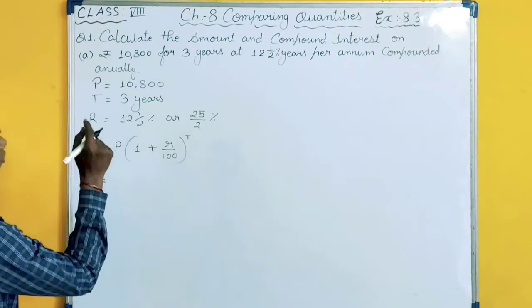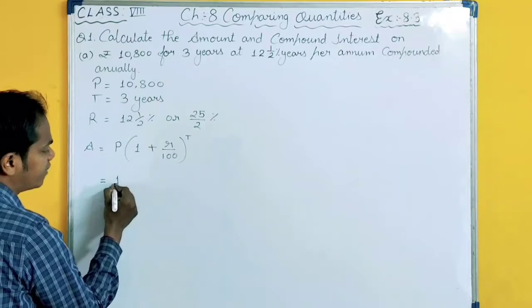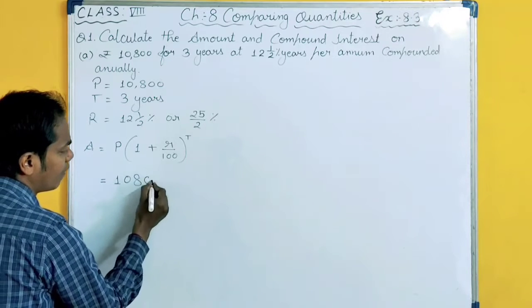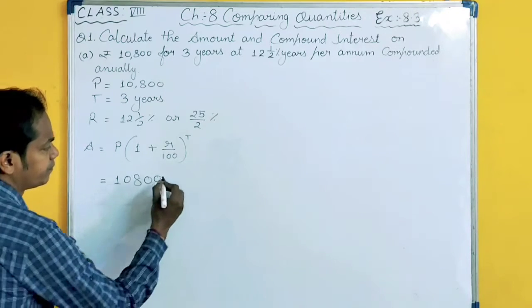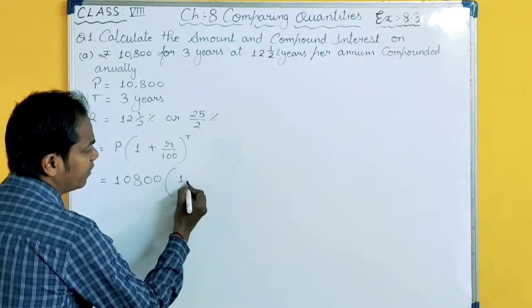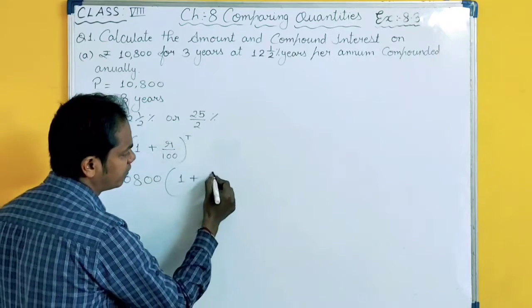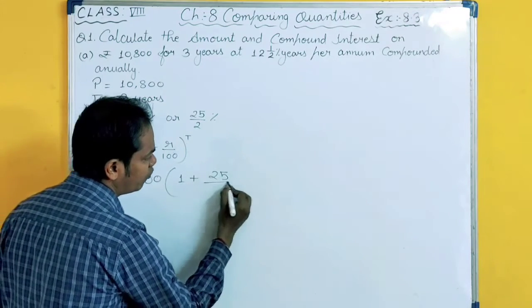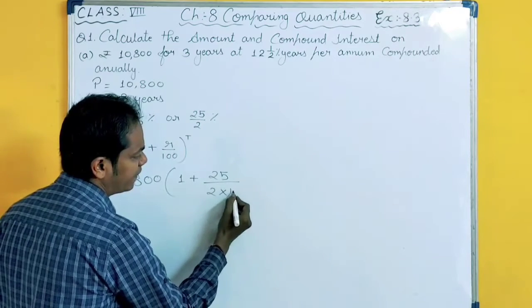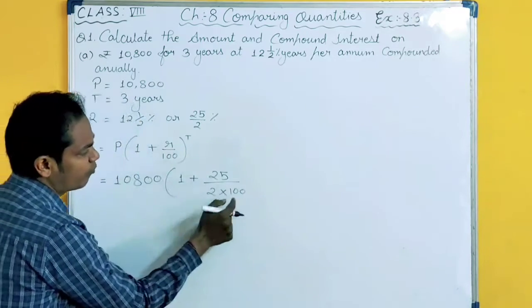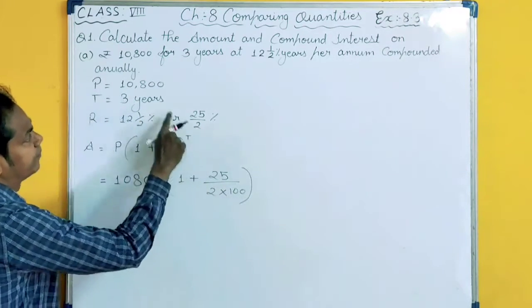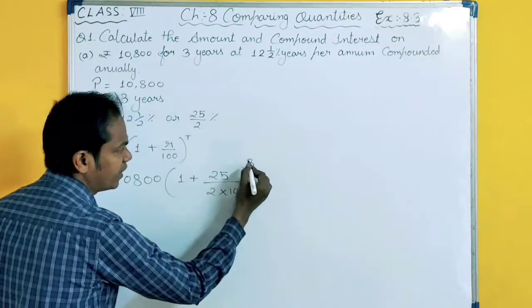Now first of all, what is your principal? Your principal is 10,800. Then what is the rate percent? 12.5, which I have calculated as 25 upon 2, and this 100 is from the formula. Time is given, 3 years.